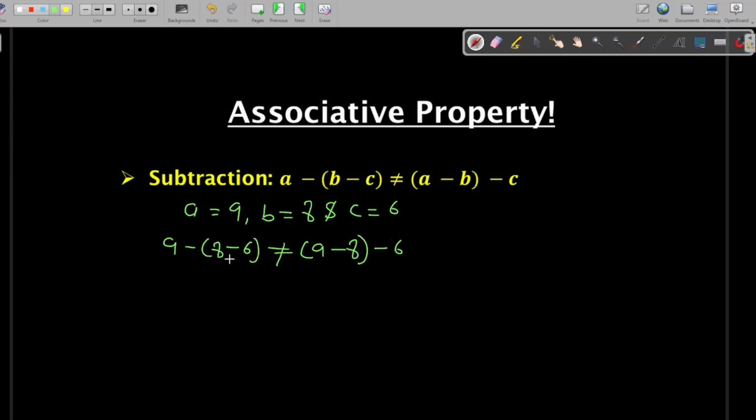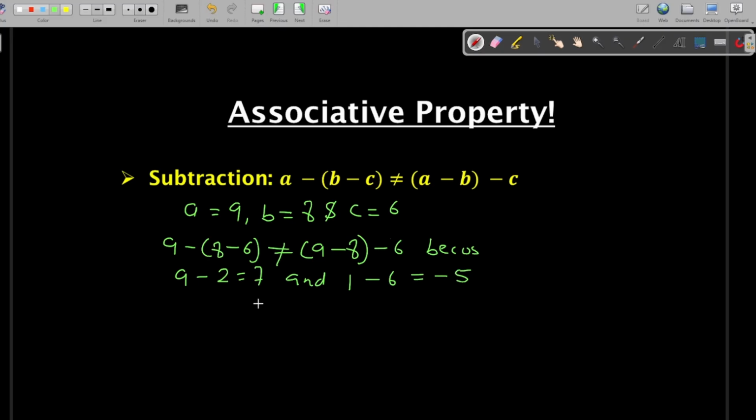We say what we have on the left hand side is not equal to what we have on the right hand side. The reason is that if we simplify, 8 minus 6 will give us 2, so 9 minus 2 will give us 7. And 9 minus 8 will give us 1, and 1 minus 6 is equal to minus 5.